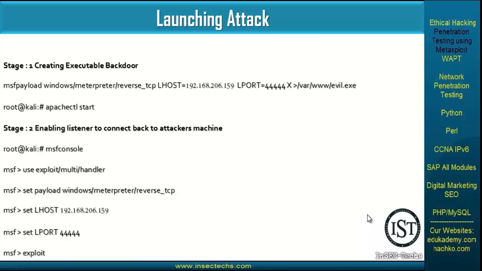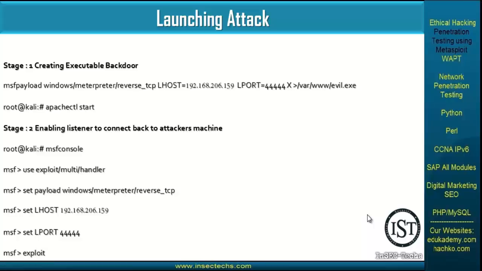And as the attacker, he needs to accept the connection. For this, he will be using the multi-handler exploit, and he will be assigning the same payload settings, LHOST settings, and LPORT settings which he used for creating the customized backdoor.